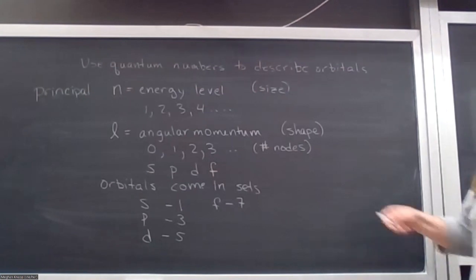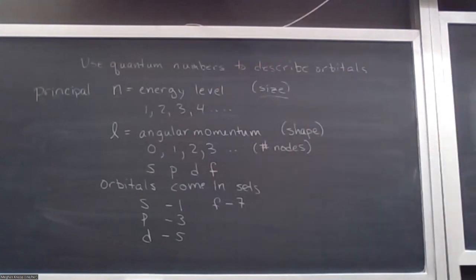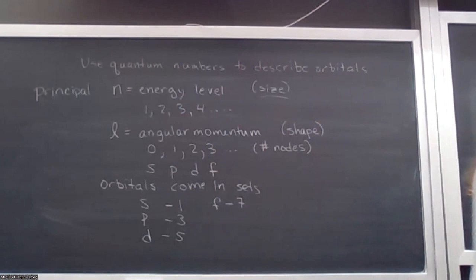This also corresponds to the size. So when I say that this is n equals 1, that doesn't correspond to like 1 nanometer. It just corresponds to the smallest size. So if I have an n equals 1 and an n equals 3, the larger one will be the n equals 3. That's how it corresponds to size. But what we're counting, the 1, 2, 3, 4, is the energy level.